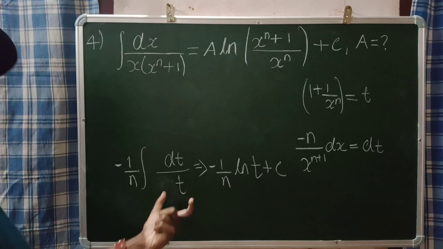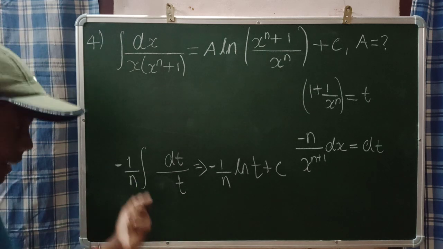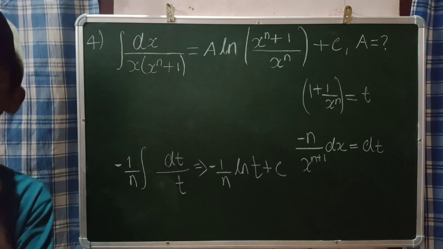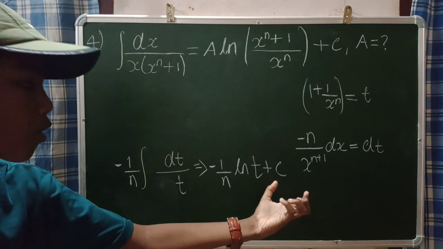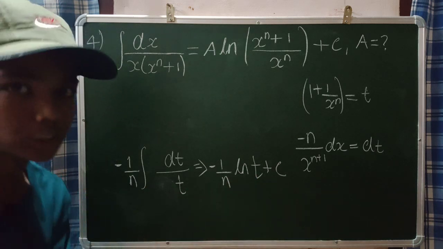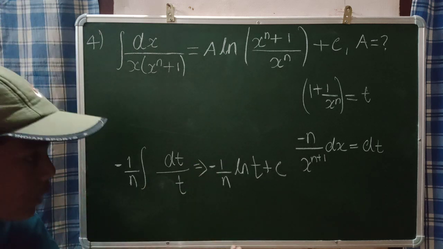Now the integral of dt by t is ln of t. That's your formula of indefinite integration. Integral of dt by t is ln of t, you guys learned this in your indefinite integration formulas. Then plus some constant. That's all I did.